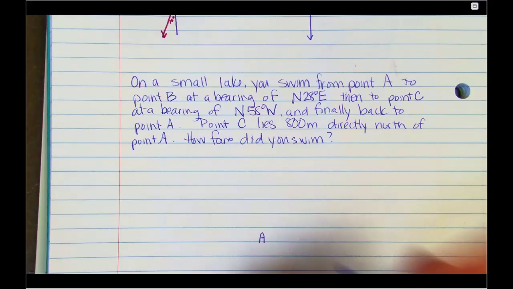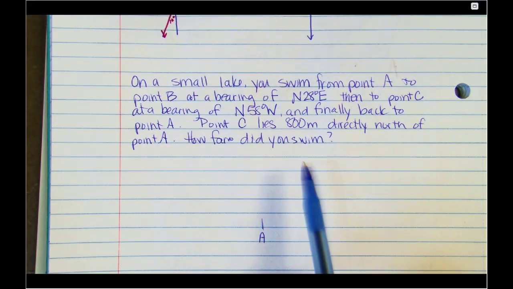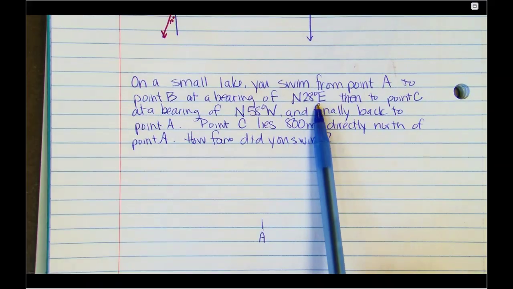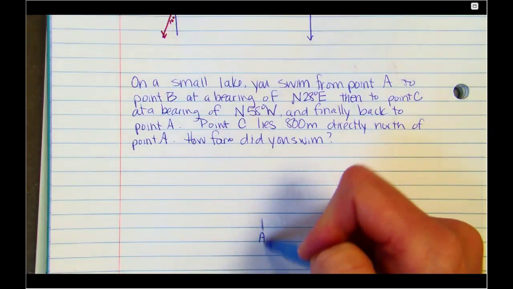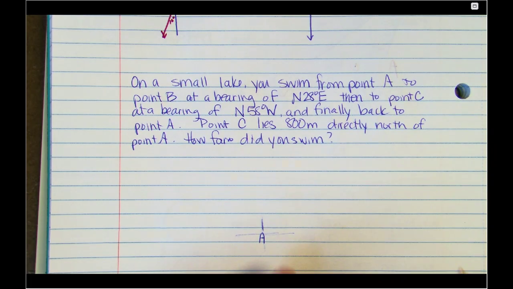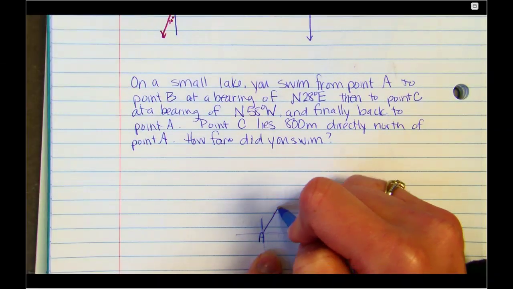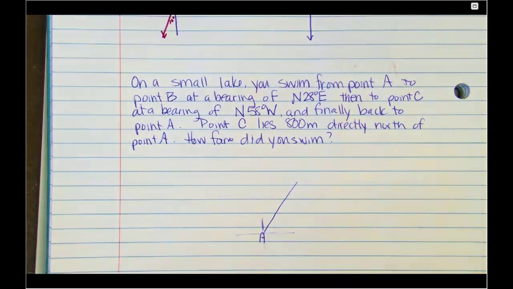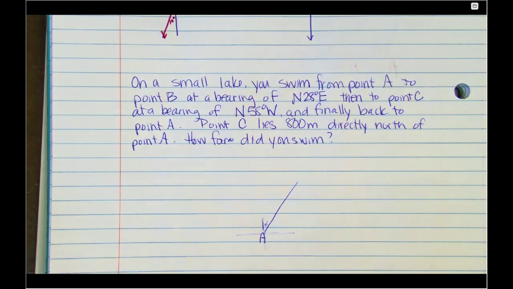You start at your point and you find north, and then you do north 28 degrees east. Imagine putting your grid on there. So north 28 degrees east would be, here's north, 28 degrees in here. So there's a 28 degrees right in there, which we'll hold on to because we'll need it in a minute.